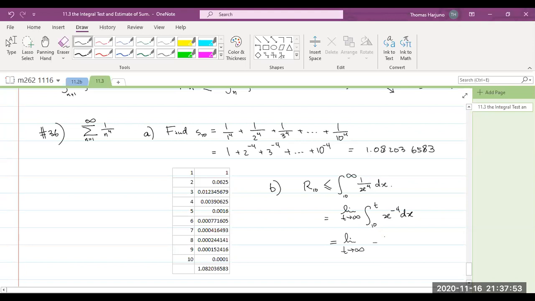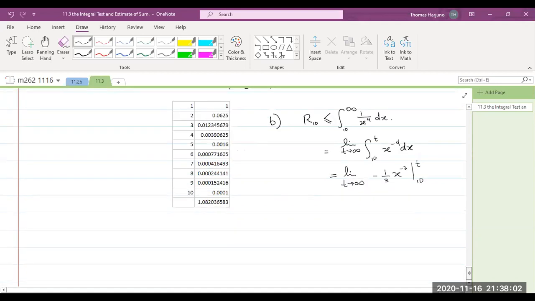So that's -1 over 3 x to the -3 from 10 to t. You'll see this is 1/3 times 1 over 1000. So the error will be less than 1 over 3000.